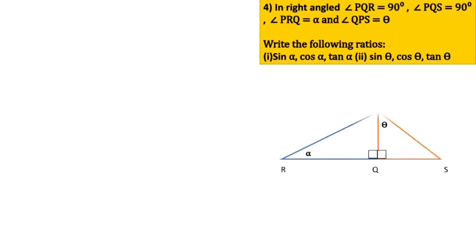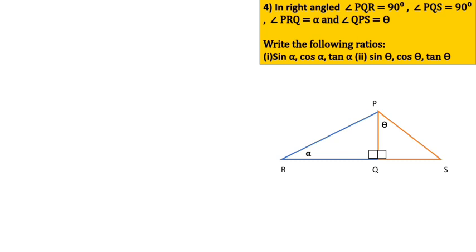Now, question number 4. In right angle triangle, angle PQR is 90 degree. In that, angle PQS is 90 degree. The angle PRQ is alpha and angle QPS is theta. If you see the figure, there are two right angle triangles.